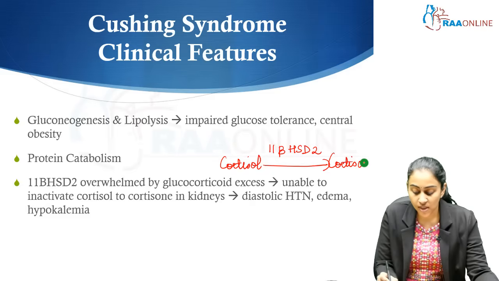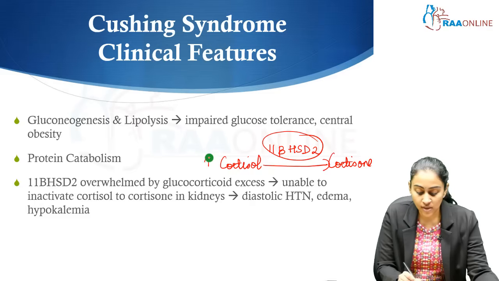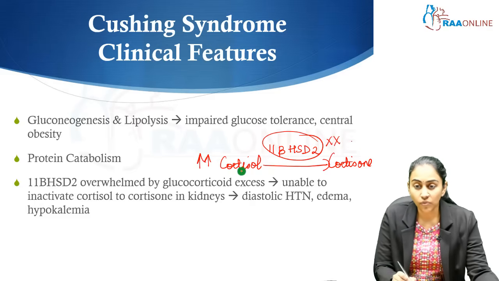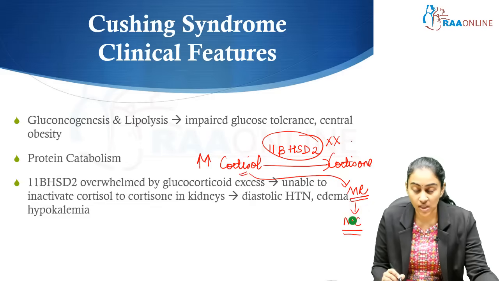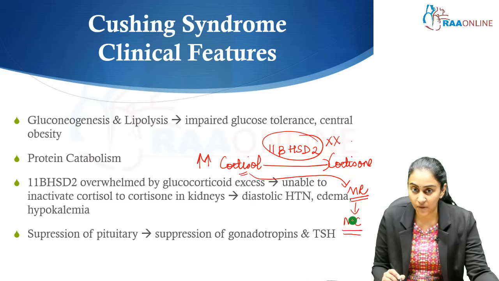So, what happens when there is excess cortisol? This enzyme is going to be overwhelmed. Therefore, this excess cortisol can act on the mineralocorticoid receptors, thereby resulting in mineralocorticoid effects like hypokalemia, metabolic alkalosis, diastolic hypertension and edema.